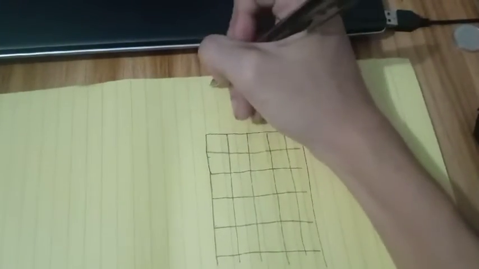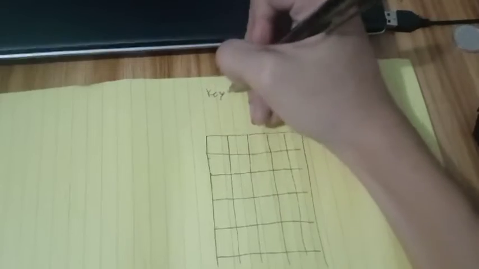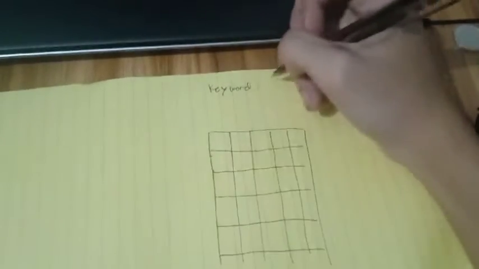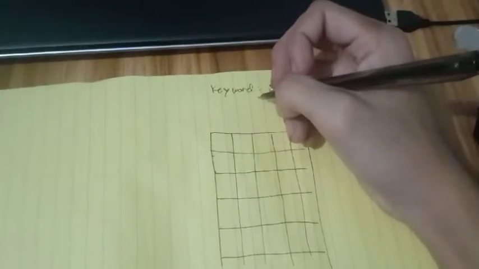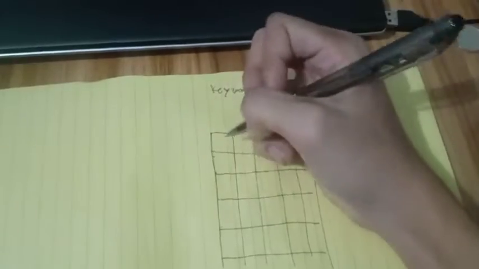And second step is that we have to decide what keyword we want to put in the box. My keyword is shadow. So we have to put the shadow in the box.